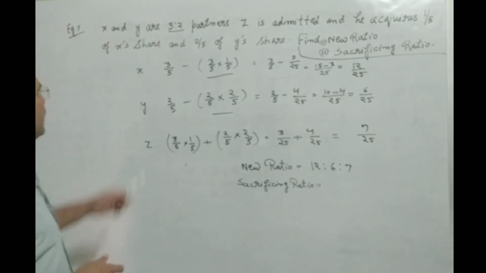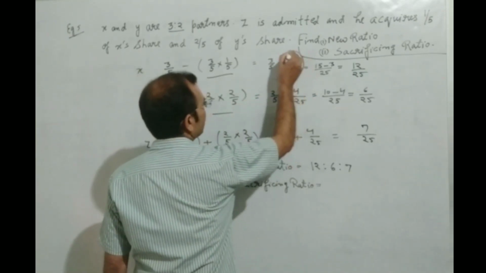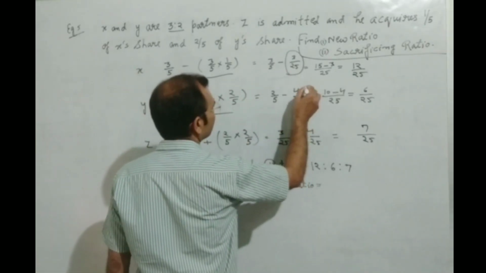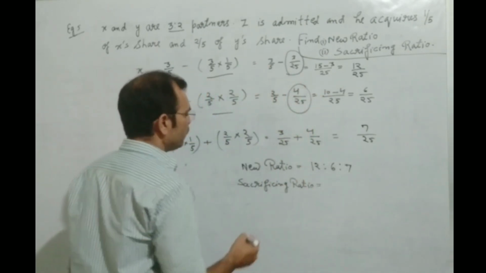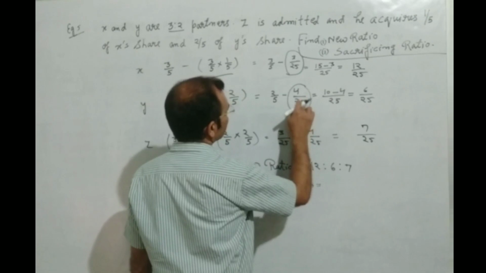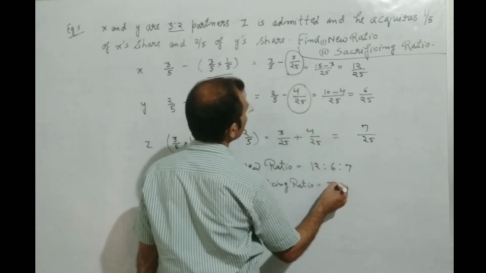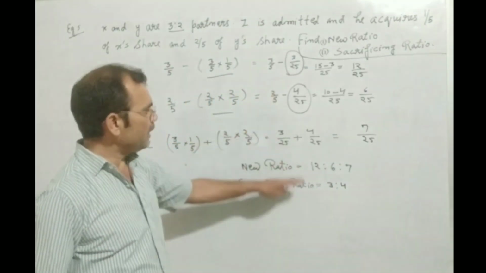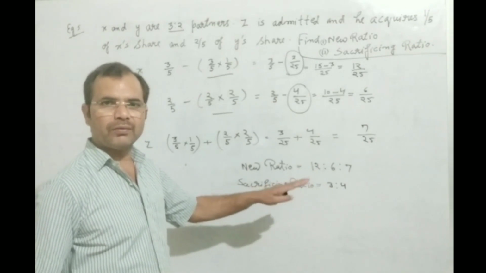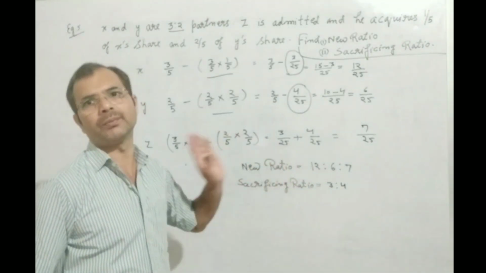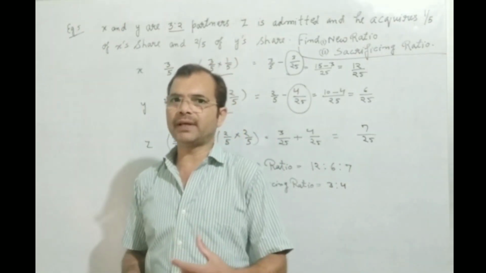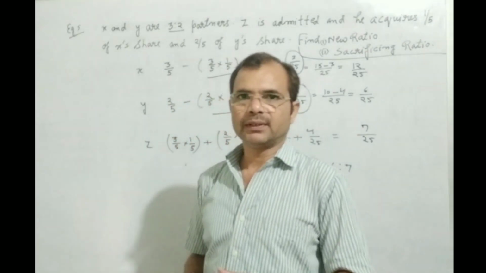You are seeing X is sacrificing 3 upon 25, and Y is sacrificing 4 upon 25. Your denominators are the same, so we can write directly 3 is to 4 as the sacrificing ratio. There is no need of using the formula old ratio minus new ratio. In this way, we will solve this question. I think you have understood very well both types of problem. Till then, thank you.